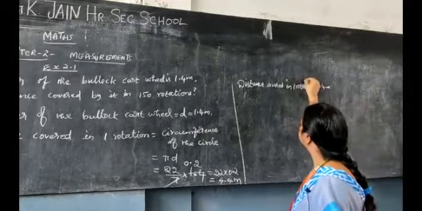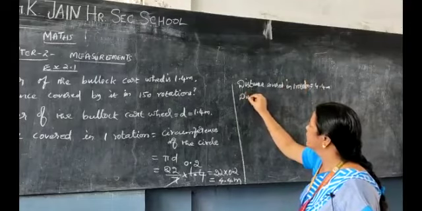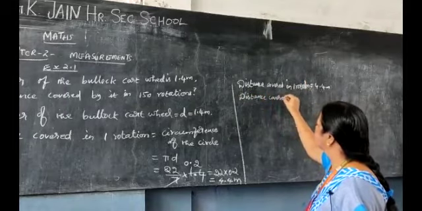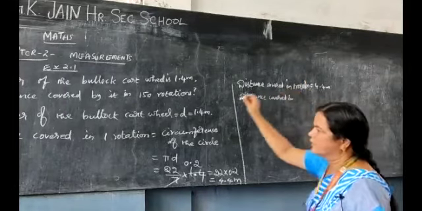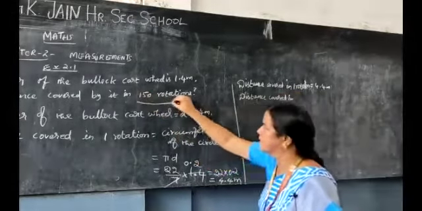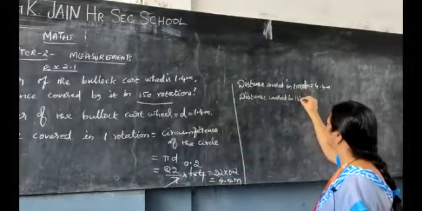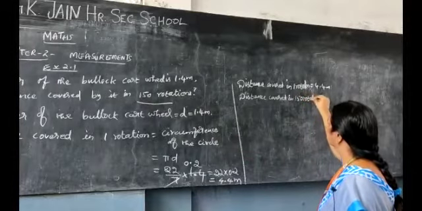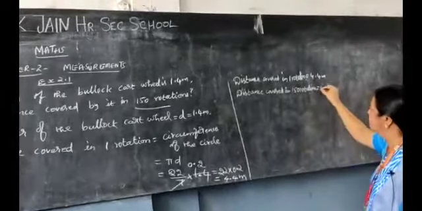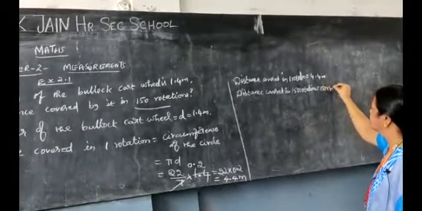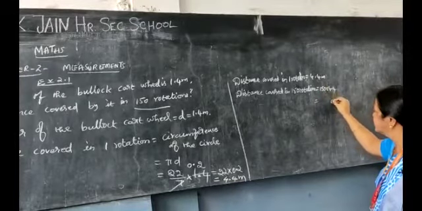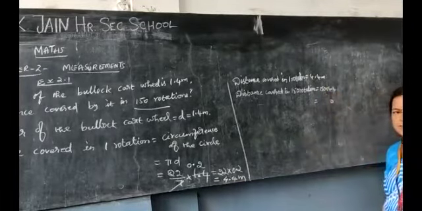Now the distance covered in, how many rotations are given in the question? 150, isn't it? So 150 rotations equal to nothing but 150 into 4.4. You multiply this. The 0, keep it as it is, and 15 fours are how much? 60.